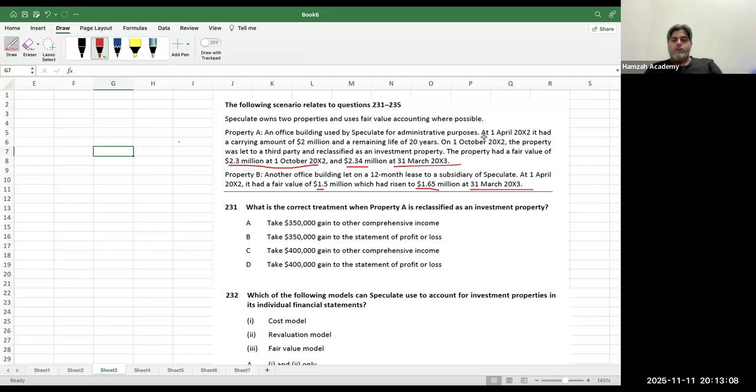So, in this case, the property on 1st April had a carrying amount of 2 million and a life of 20 years. Then on 1st October it was transferred. So on 1st October, what was the carrying value? Let's see. It was 2 million by 20 into April, May, June, July, August, September, 6 months, 50,000.